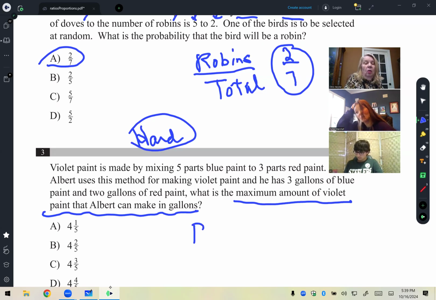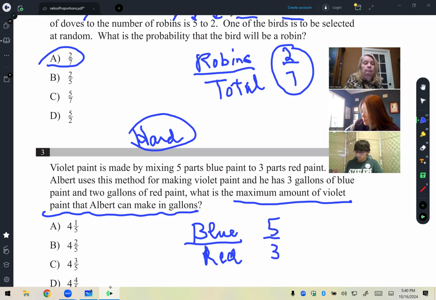So to get our right violet paint concoction, we need 5 to 3. But here's the problem. Our blue paint is limited. Do you see that? This confused a lot of kids when they took this part. So we only have 3 gallons of blue. So let's see what the red would be.